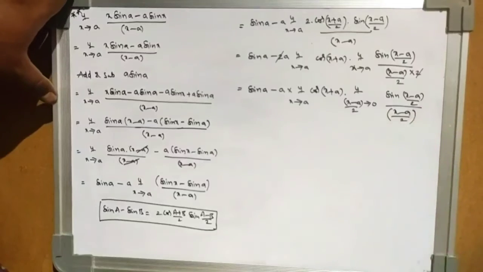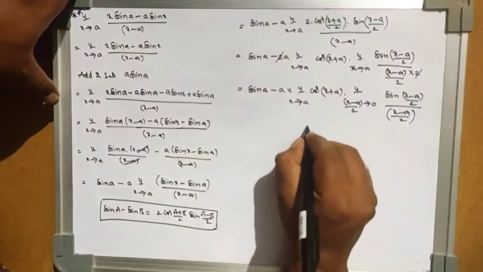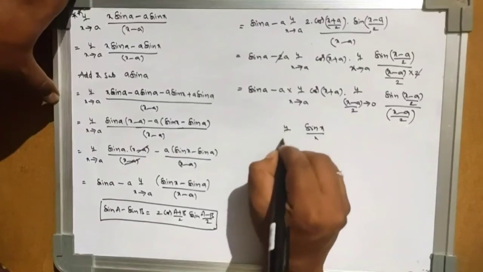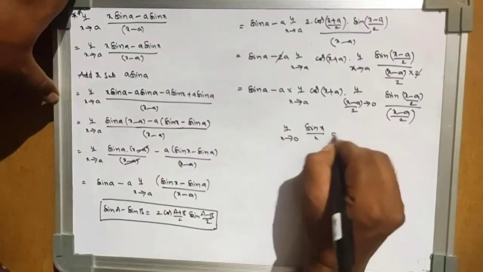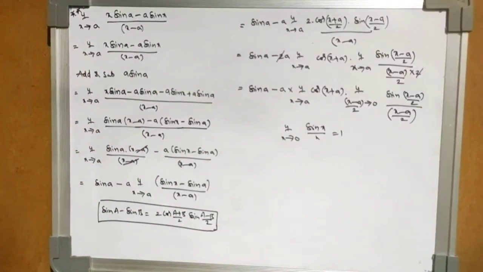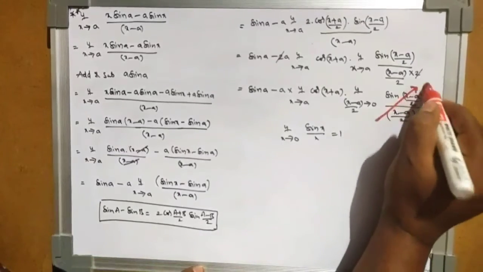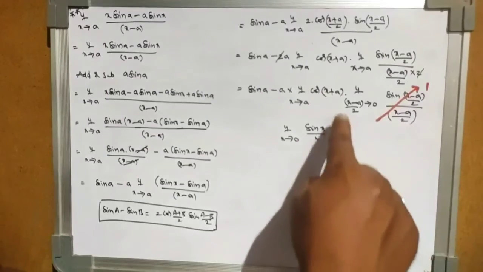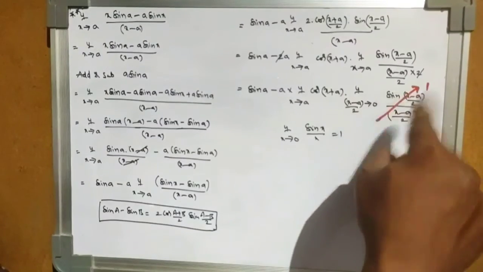If you observe here, sin x by x when the limit tends to 0 is 1. Therefore its value becomes 1 directly. We can write it as 1 because the limit as x tends to 0 of sin x by x is 1.